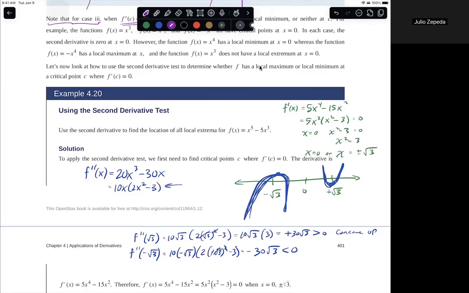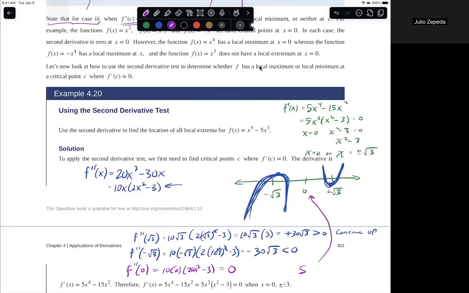And then finally, the last one, f double prime of 0. F double prime of 0 is just going to be 10 times 0 times 2 times 0 squared minus 3. That's 0. And so at this point here, we can't tell if there is a local minimum or local max.